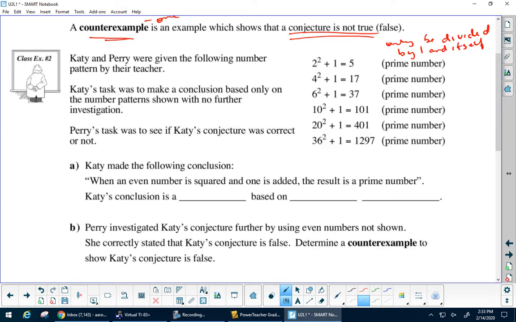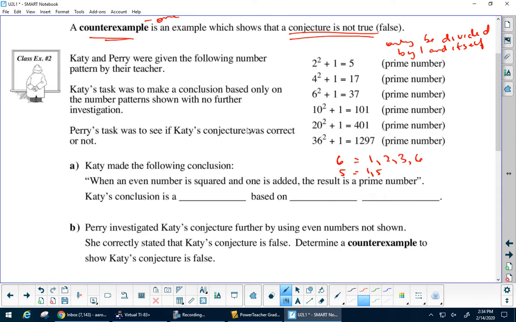So like 6, all of the factors would be 1, 2, 3, and 6. So 2 times 3 is 6, right? But if I gave you 5, what times what equals 5? Well, only 1 and 5. So it can only be divided by 1 and itself. So 1 times 5 is 5, that's it. 12, I can go 1 times 12, I can go 2 times 6, I can go 3 times 4, right? That has more than 1.